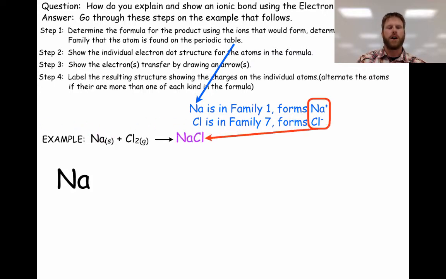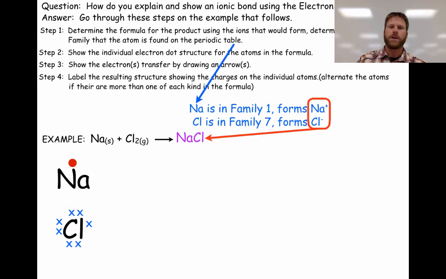So then let's draw the electron dot for sodium. Now we only have one sodium atom, so I'm only going to draw the electron dot with one sodium atom. It's pretty easy, just one dot. Then chlorine. Chlorine is in family 7. It has 7 valence electrons. So represent that by drawing your electron dot for chlorine. So now it's pretty easy using the electron dots to see what's going to happen.